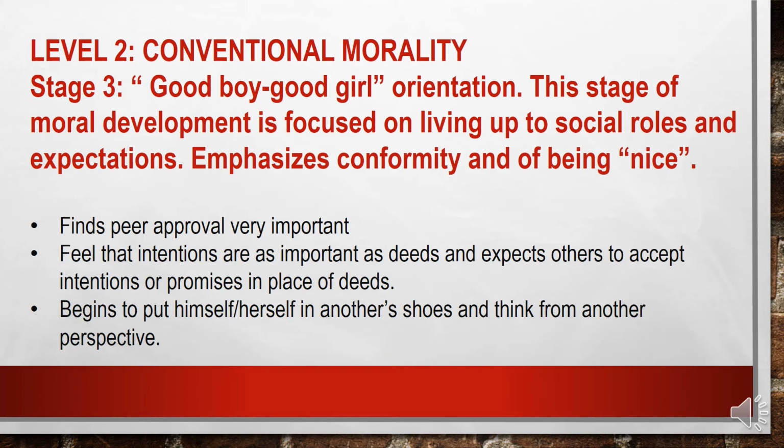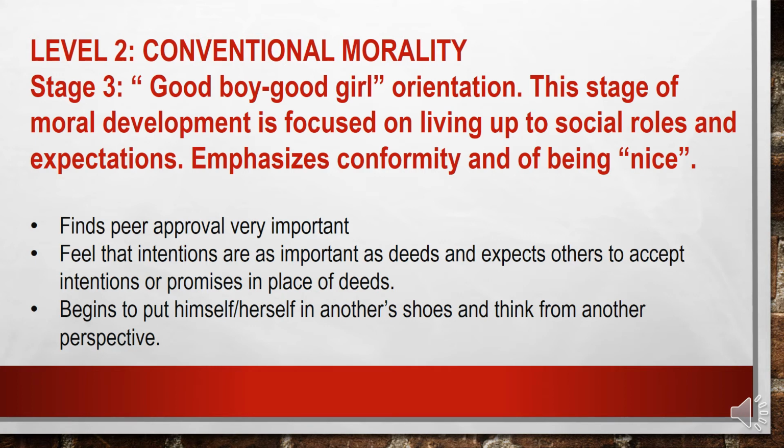So now let us have level 2, which is conventional morality. So let's have stage 3. Stage 3 is the good boy or good girl orientation. This stage of moral development is focused on living up to social roles and expectations, and emphasizes conformity and being nice.